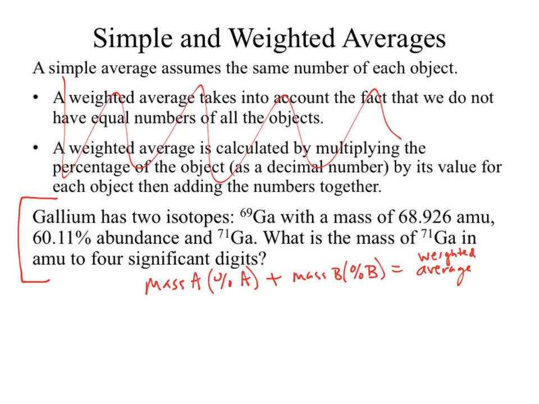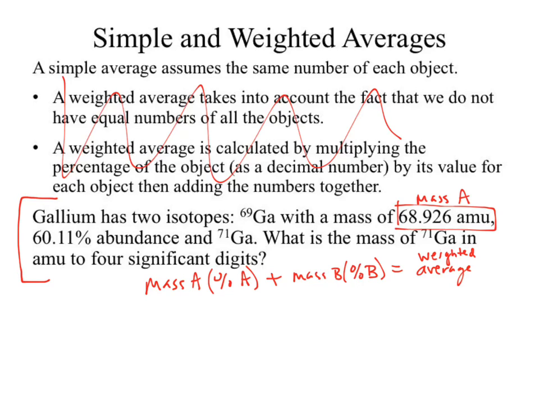So let's go through and identify 4 things that I've given you to be able to solve. Number 1, 68.926 AMUs. That has been given. That is the mass of what? At this point, we can label it as anything we want. Mass of A seems to make the most sense.